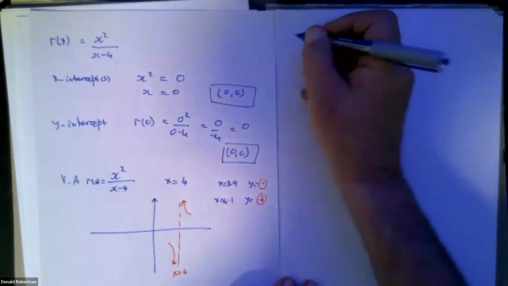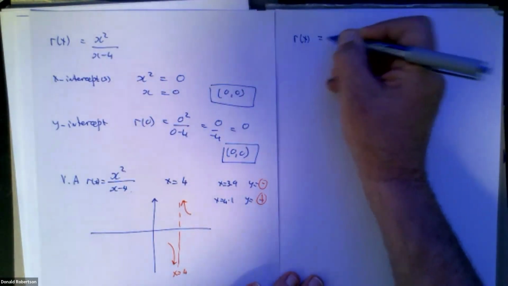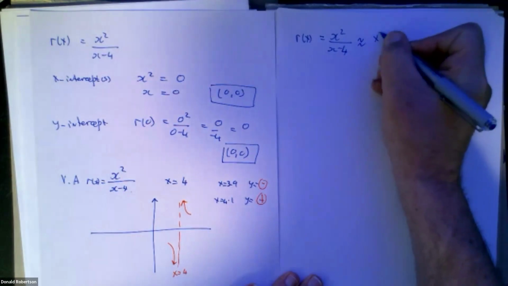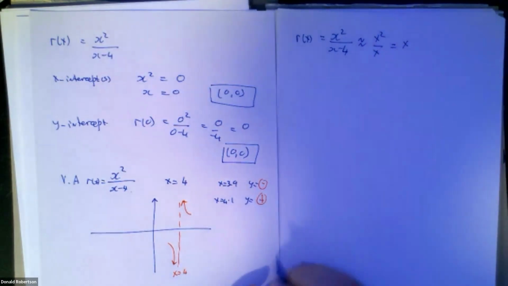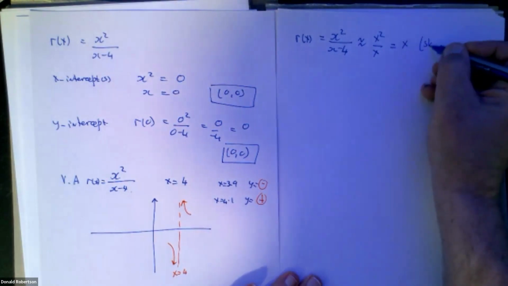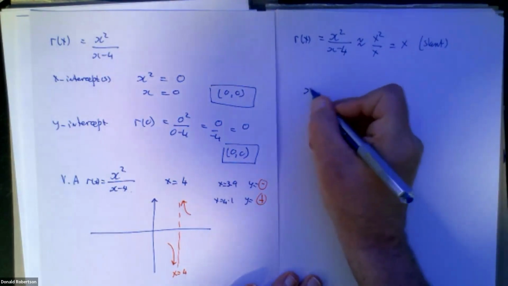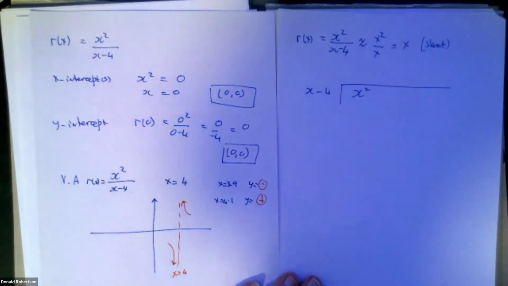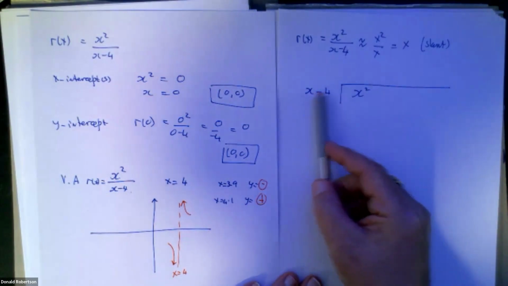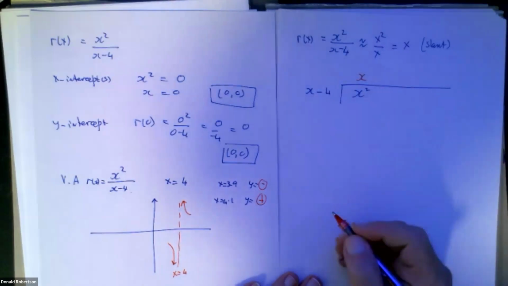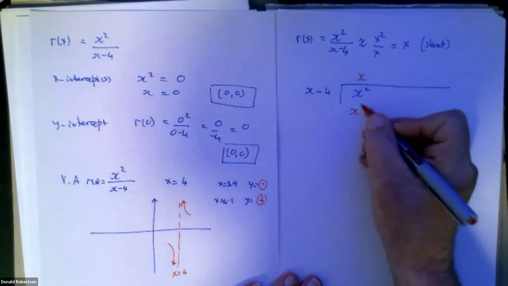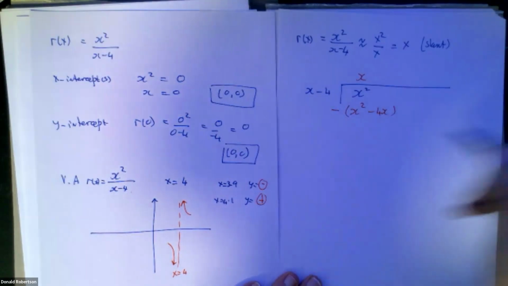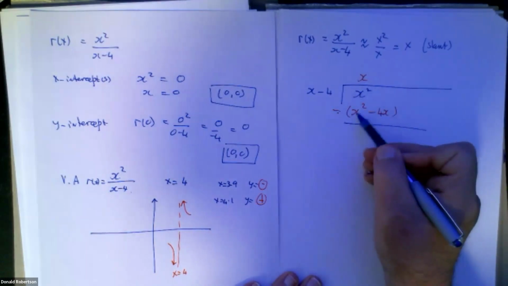Now I'll try to do the horizontal asymptote, just to show you why it's not a horizontal asymptote. The leading terms give x squared over x, which is x, which means that it has to be a slant. So I'm going to do very simple long division. What do you multiply x by to get x squared? You multiply it by x. Then x squared take away 4x. x squared take away x squared, gone.